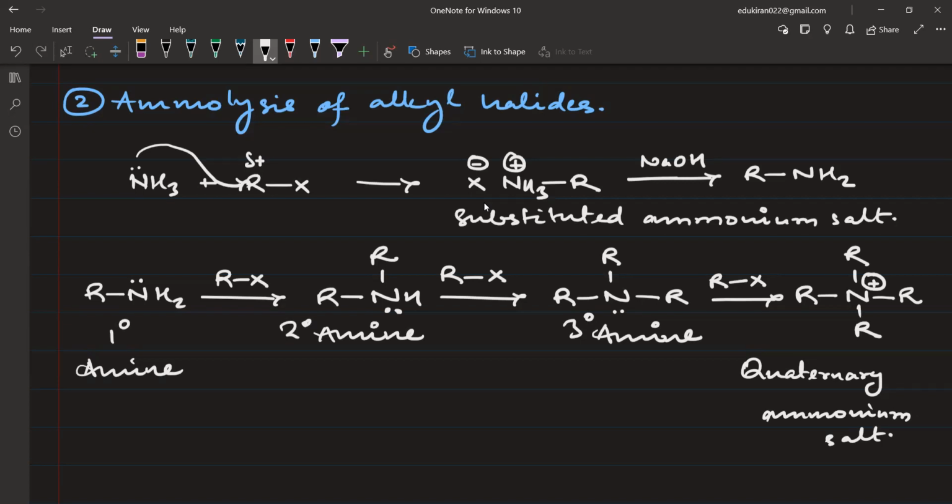And therefore, ammonolysis is not a very preferred method of preparation for amines. Why? Because it can give you 1 degree, 2 degree, 3 degree amine, all of them in a mixture.